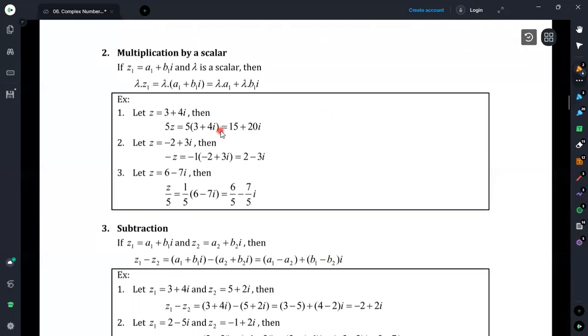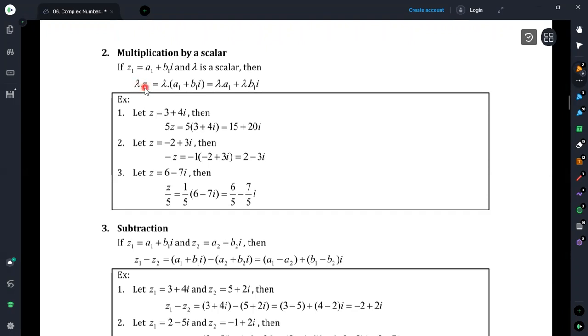Then we will move on to the discussion about the multiplication of a complex number by a scalar. Here, if you have the complex number z1 equals a1 plus b1 times i, and we let lambda be a scalar, then if we need to find lambda times z1, the complex number is multiplied with a scalar called lambda.